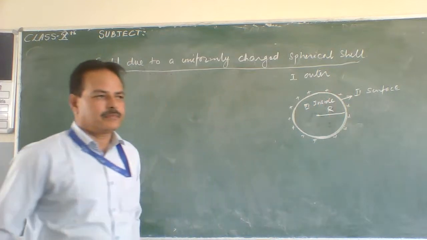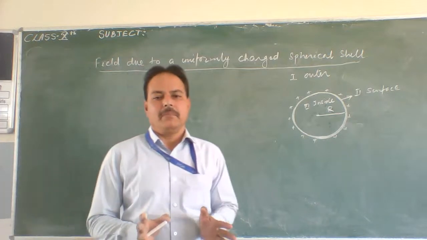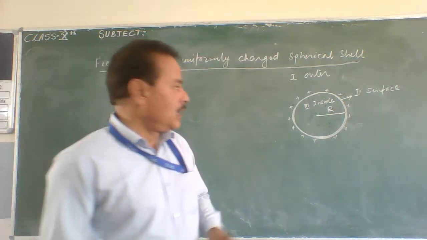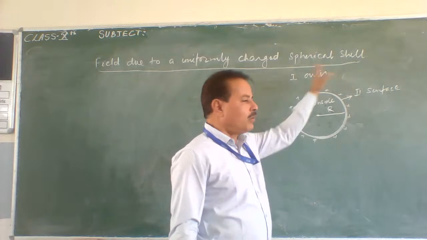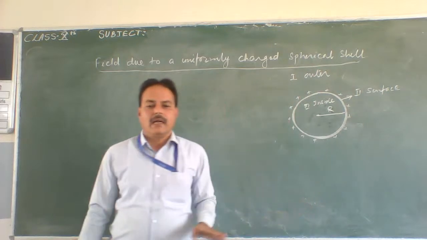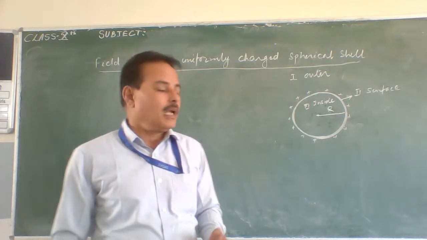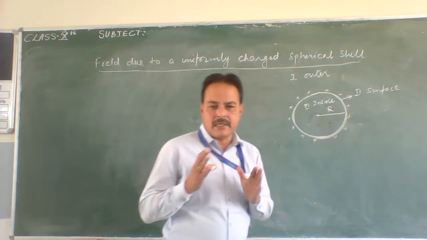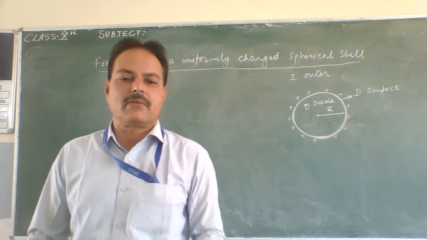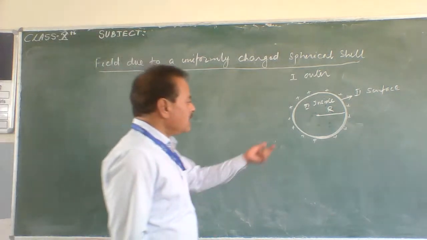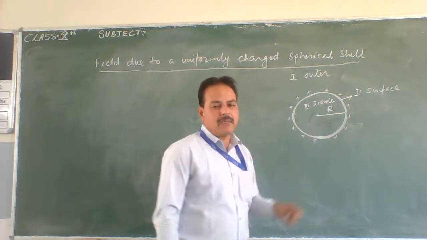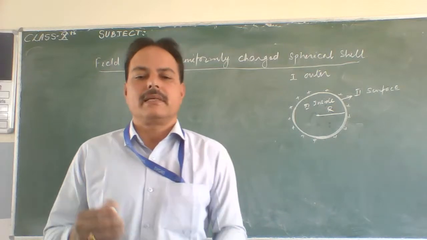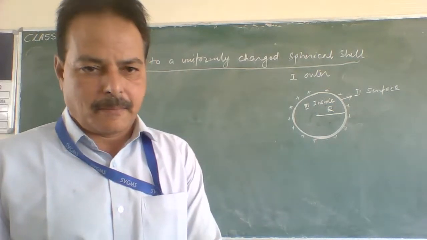These three parts have different properties. If you go for the outer, the whole charge is taken into consideration. If you go to the surface, the spherical shell itself behaves as a Gaussian surface, and inside there is no charge. That means the electric field is different for all these three.